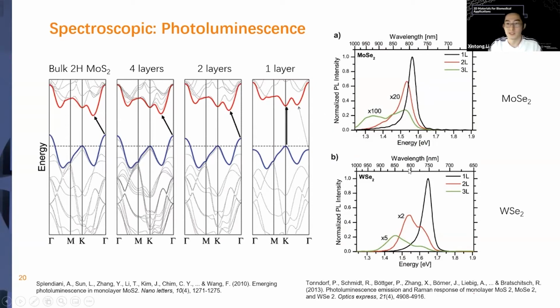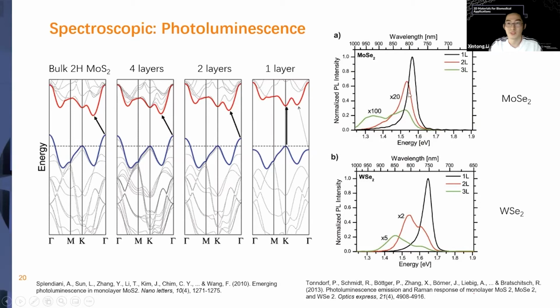We can see from these figures, these are not MoS2, but very similar group 6 TMD materials. Because of the direct band gap of monolayer, the peak intensity of the PL spectra for monolayer is much bigger than the bilayer and trilayer. Note that these signals are actually magnified by these numbers.